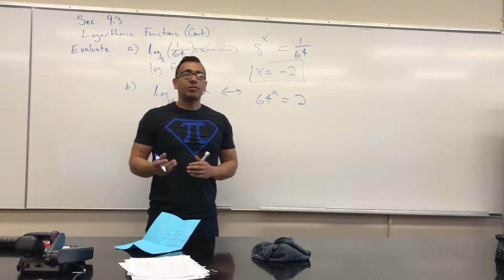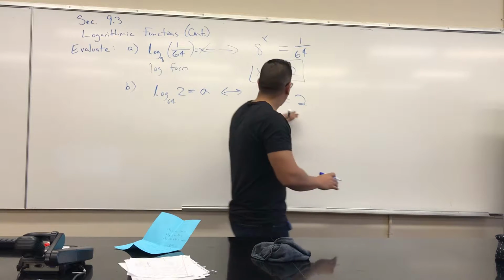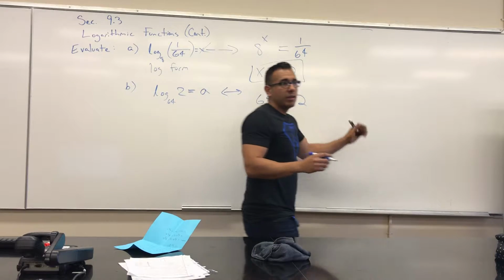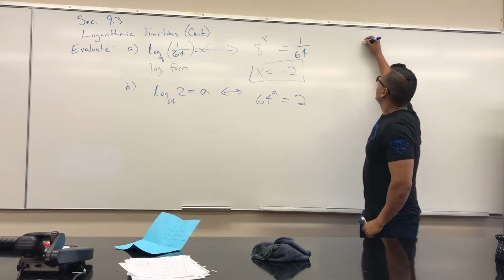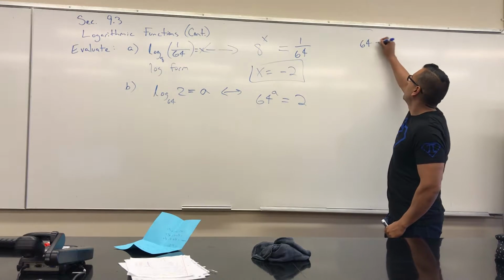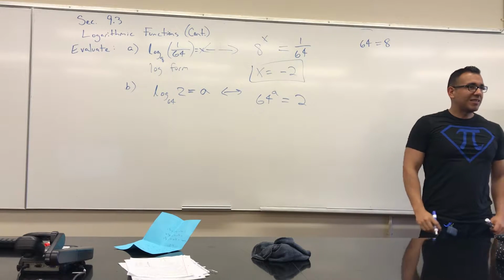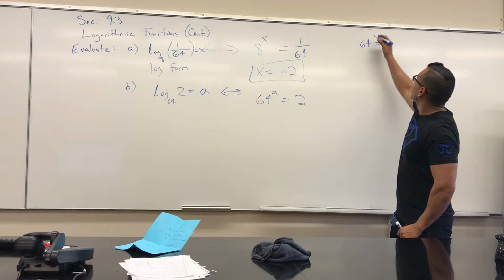What I want to do is think about what the relationship is. We're going to pause right here on that question. Don't write this down, but think about this. How would I go from, say, 64 to 8? What would I need to do to that 64? Square root it. What's the exponent of a square root?